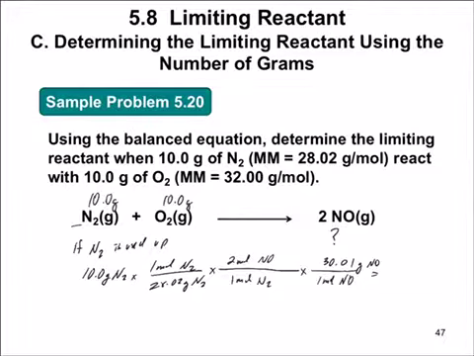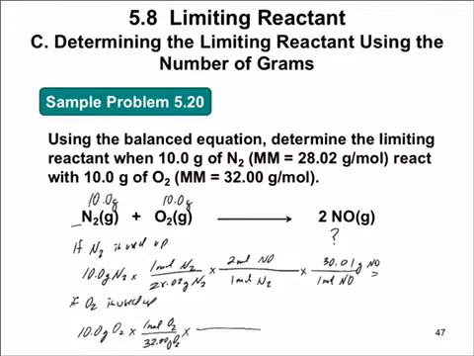I'm going to do the same thing, but if O2 is used up. So in this case, I would take the 10.0 grams of O2 times 1 mole of O2 is the 32.00 grams of O2 times, I still make 2 moles of NO for every 1 mole of O2.